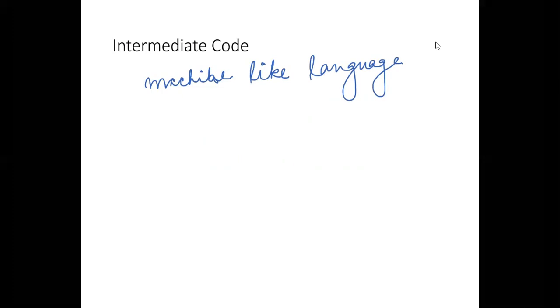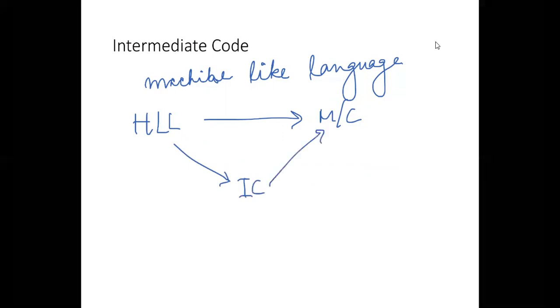Why does it need to do so? Because it is difficult to convert directly from a high-level language to machine language, and the machine code generated directly may not be so efficient. So to bring in efficiency and ease of use, we first convert to an intermediate code, and then we convert it into machine code.